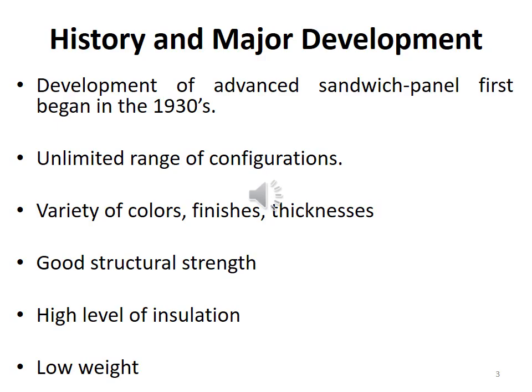Okay, when we talk about the history and the major development in this field of composite material, these composite cladding systems have extensively been used over a considerable time, especially for the manufacturing of trains and planes. The development of advanced sandwich panels for cladding buildings first began in the 1930s.